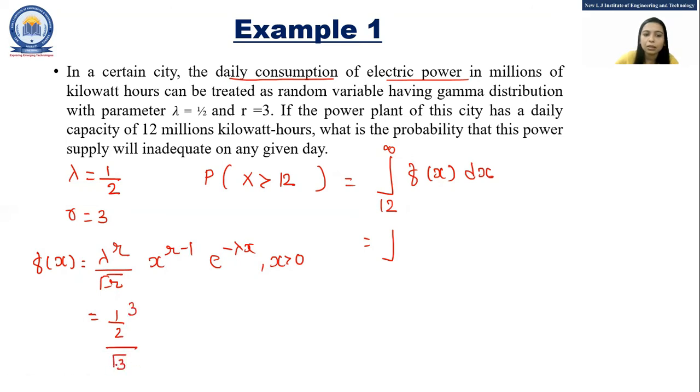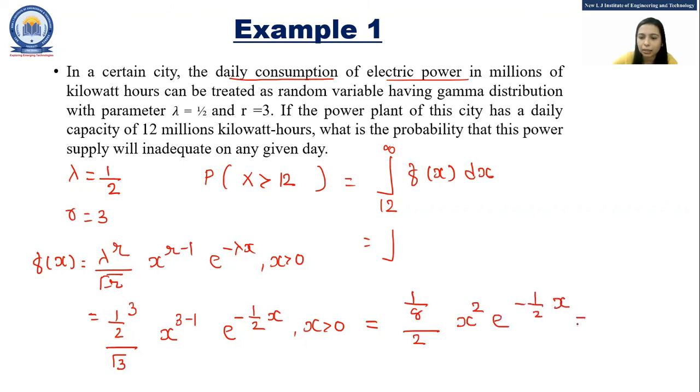Now here for gamma 3, the value of r is an integer, so that is r minus 1 factorial, into x raised to 3 minus 1, e raised to minus 1 by 2 x, for x greater than 0. That is equal to 1 by 8 upon 2 factorial, that is 2, x square e raised to minus 1 by 2 x, so 1 by 16 x square e raised to minus 1 by 2 x for x greater than 0. This is your function f of x.